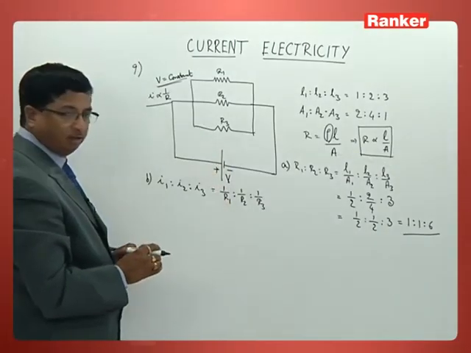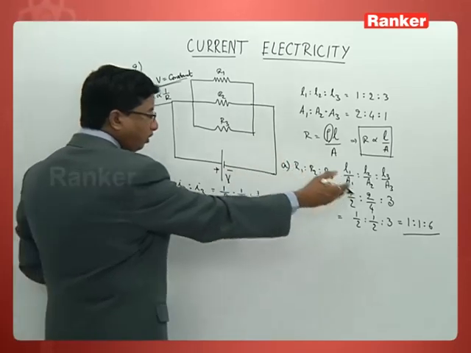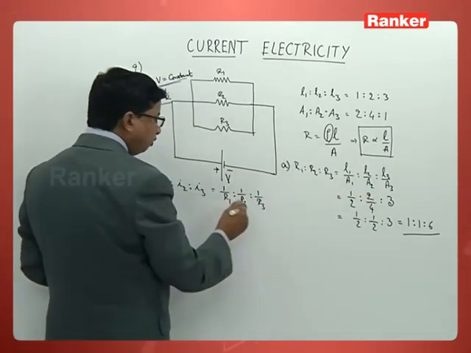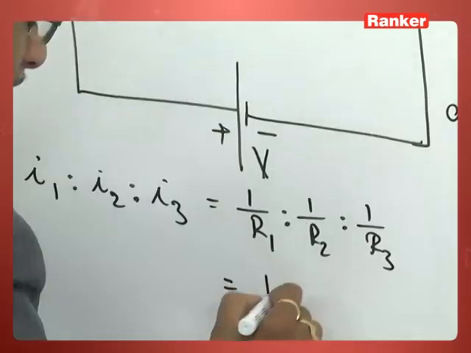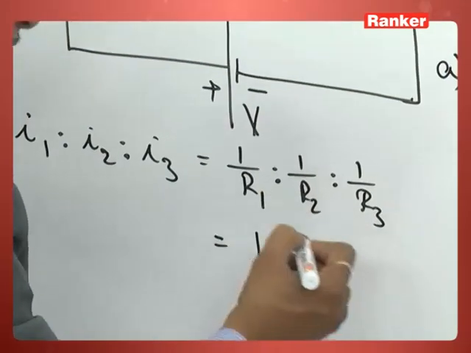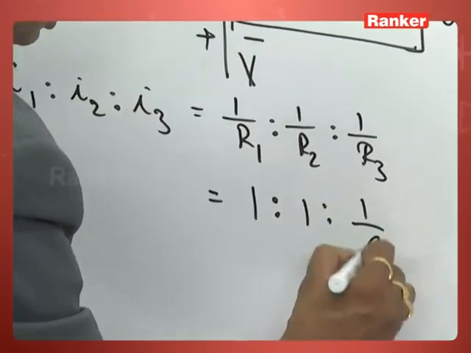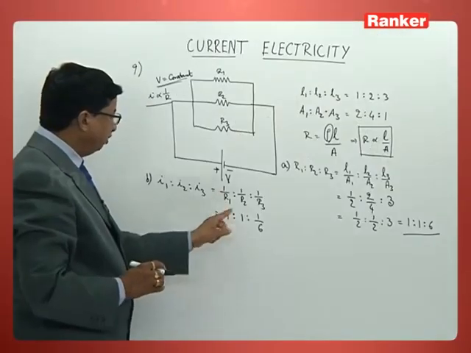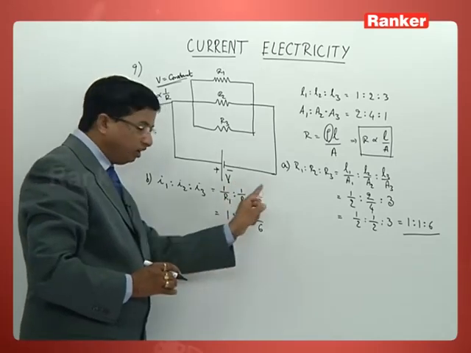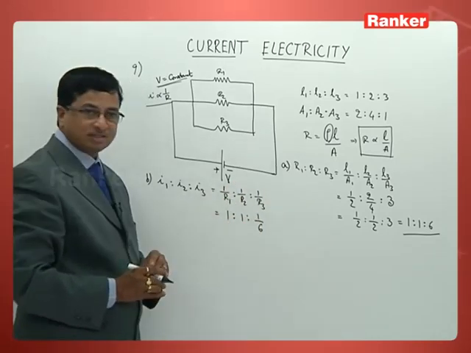So R1 is to R2 is to R3 we have already taken up. So what will you get now? 1 is to 1 is to 1 by 6. That is the concept.